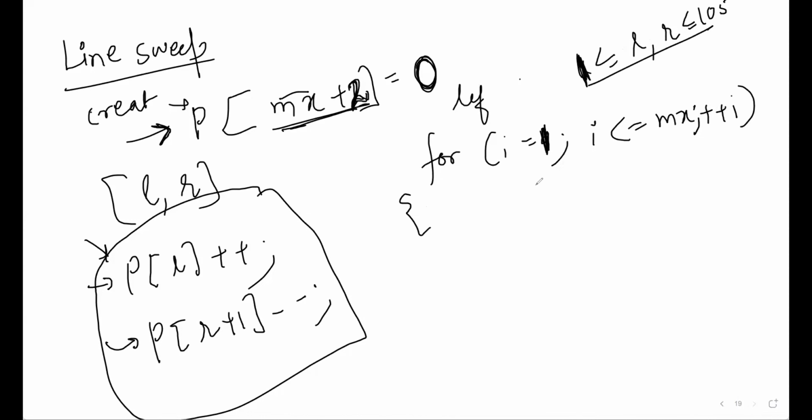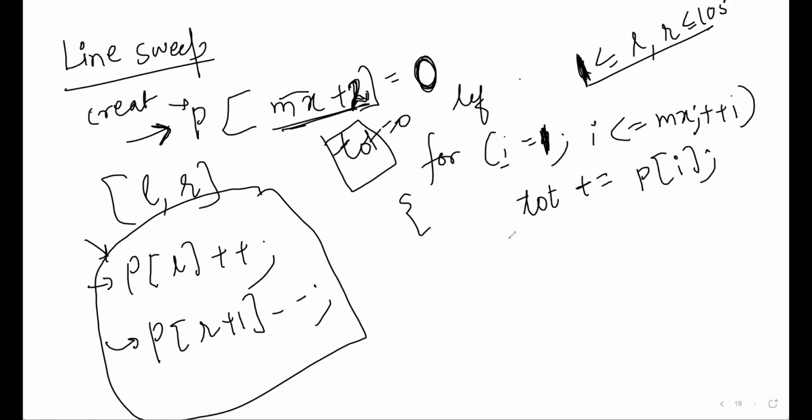Now, what you do is find the prefix sum, or you can take a variable total. This total will tell you how many ranges are overlapping at this ith point. You are moving from 1 to the mx point, and whatever value is present at that point, p of i, you are adding it. Now this total is storing what?